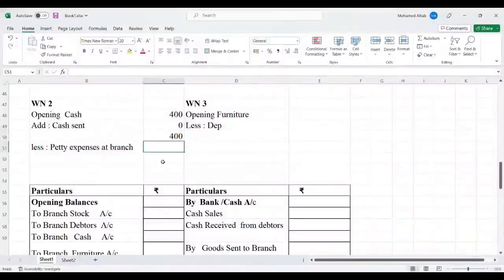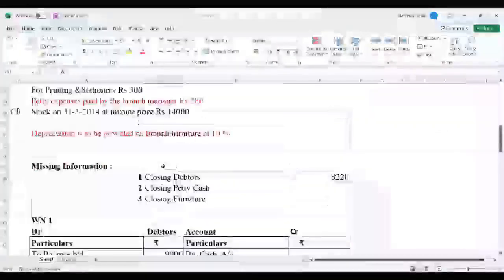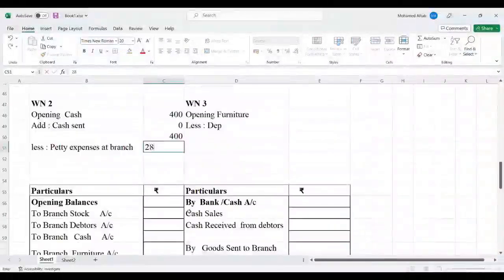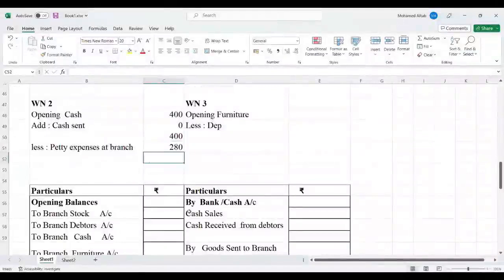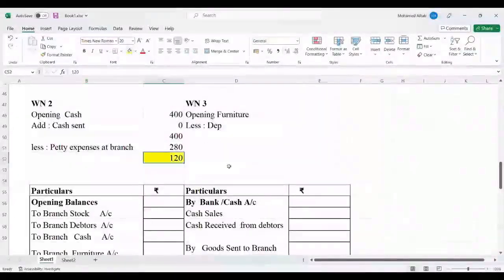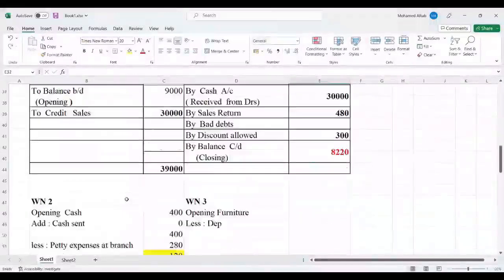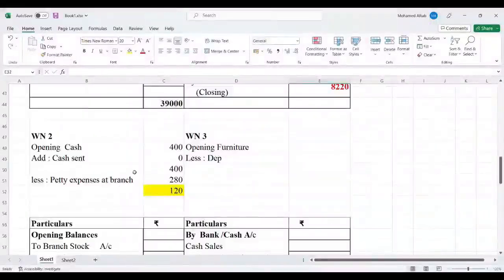And petty expense at branch, if you see, it is 280. So 120 is closing petty cash, that is closing cash. So 120 closing petty cash. So the second working note also we are done.